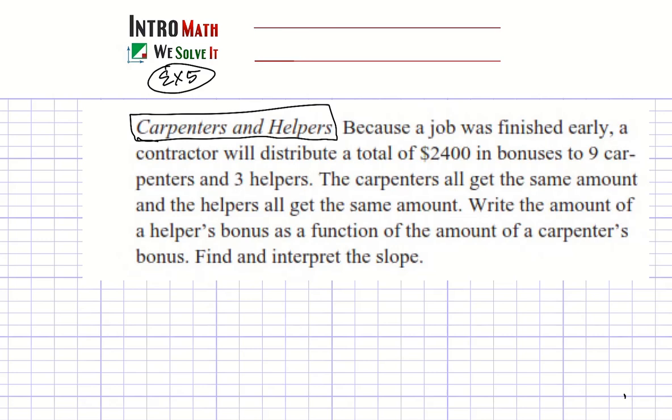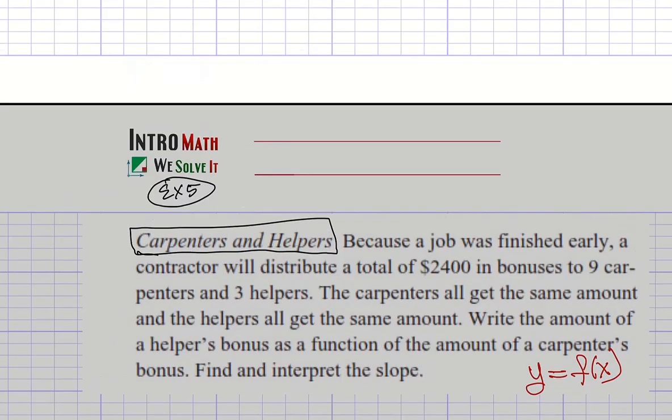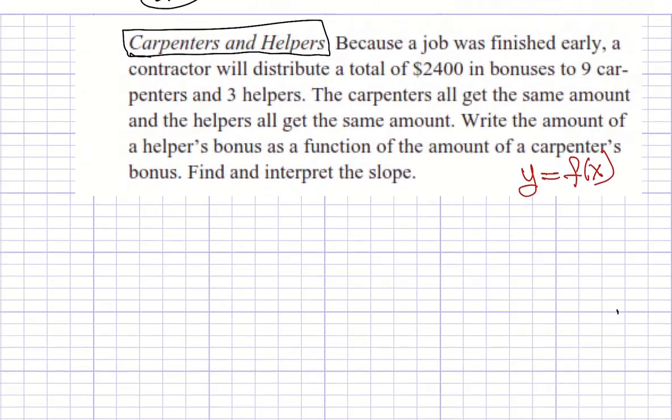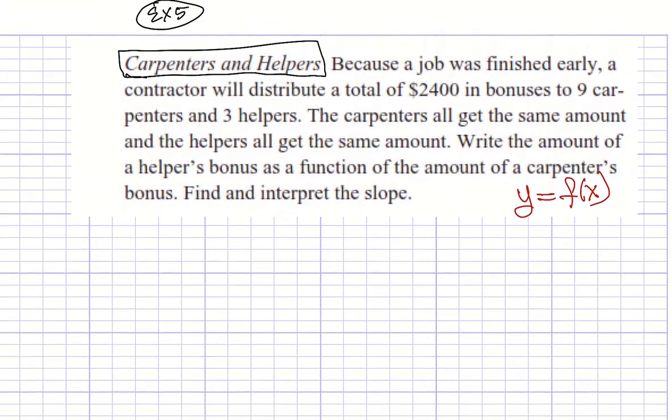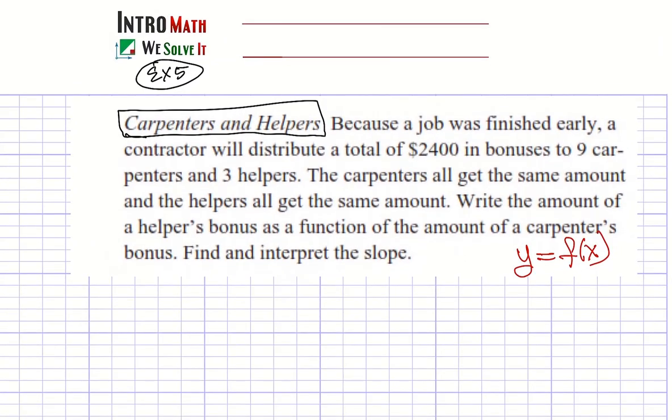Again, it's almost the same thing as what we did before. Write the helper's bonus as a function of the carpenter's bonus. Remember what I said before? When you say y is a function of x, and you draw it in the Cartesian coordinate system, what does that mean?